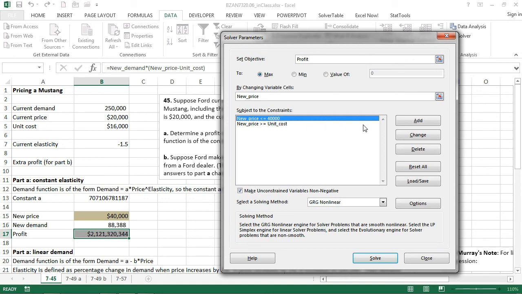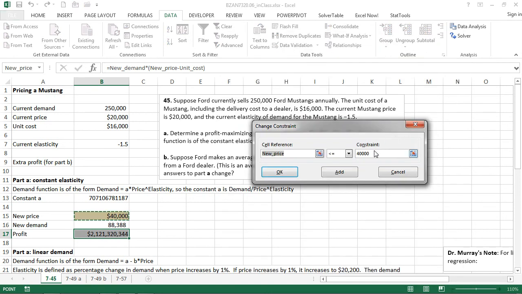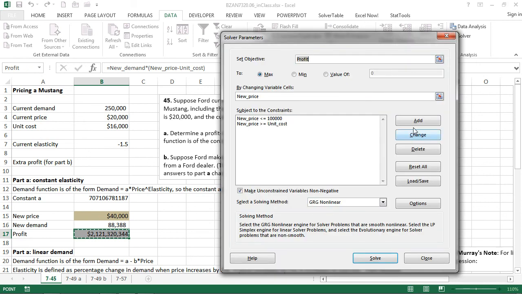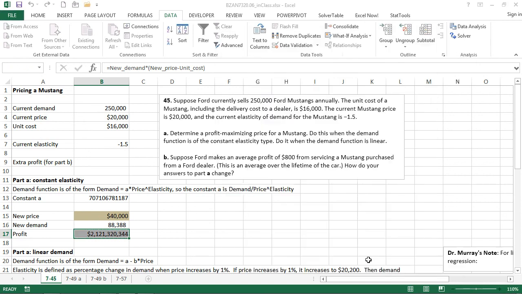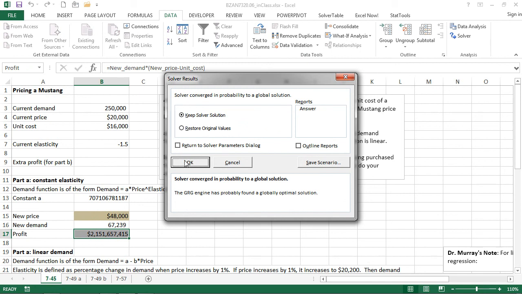What happens if we change this? Instead of 50,000, what if we made it 100,000? Now, would any of you pay 100,000 for a Mustang? Maybe if it was a Shelby GT, but Solver converged in probability to a global solution, and this time it came back to 48,000.